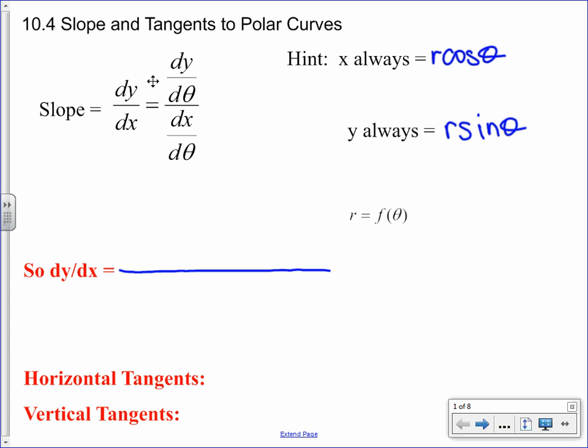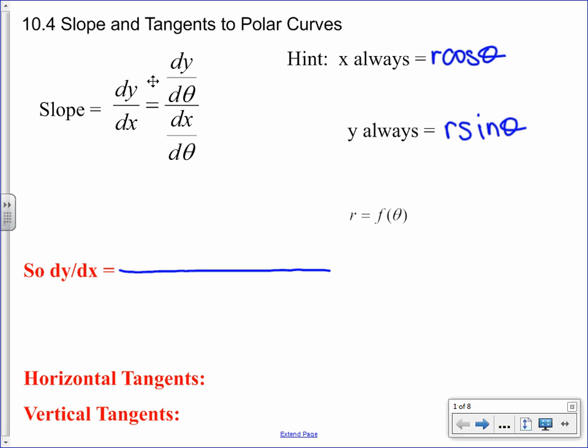We're going to call r f of theta. That way, when we take the derivatives, everything's going to be in terms of theta. Does that make sense? Because in order for this to work, r is going to have to be in terms of theta. Okay, so then we're all in the same variable.